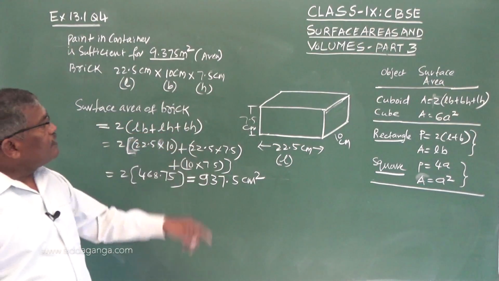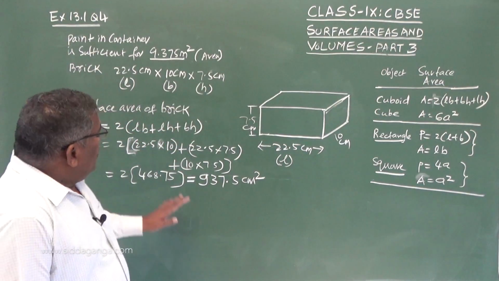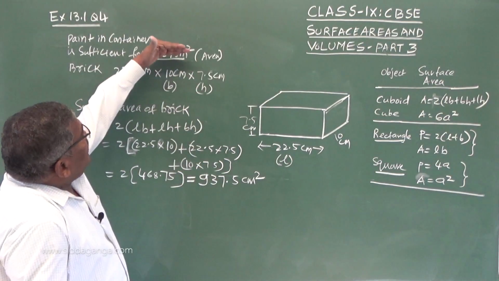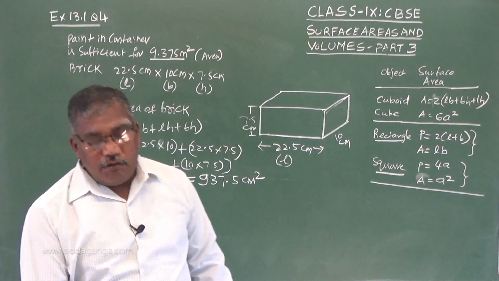So this is the surface area of the brick. If this is the surface area of the brick, how many such bricks can be painted out of the available quantity of paint?